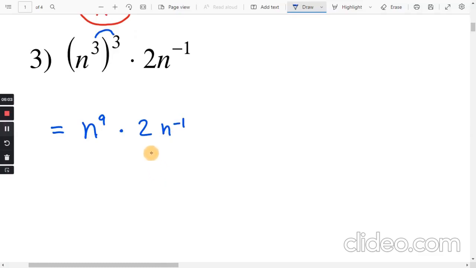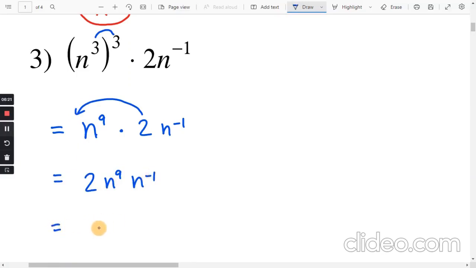These are all multiplied, so we can move the 2 to the front just to make it a little easier to look at. So that's going to be 2 times n to the 9th times n to the negative 1.